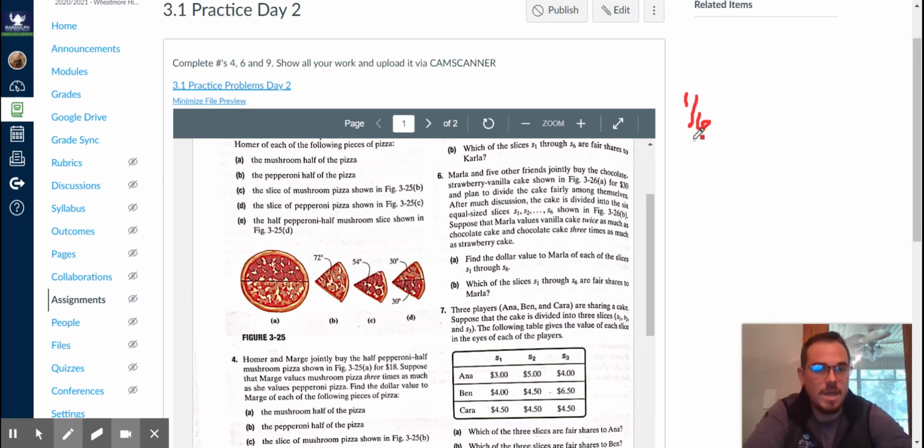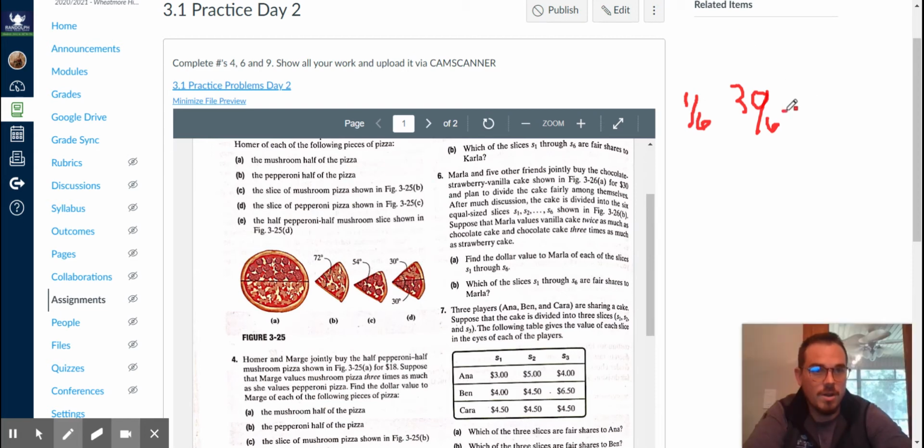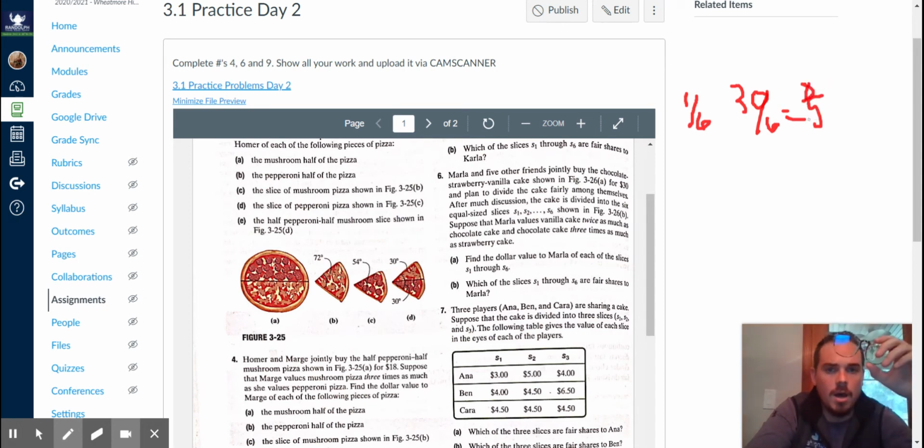Now it's $30, so they already spent that. If you wanted to know how much each of them spent, it would be 30 divided by 6, which is $5. They haven't asked us that yet, I just wanted to get that out of the way. They planned to divide it fairly among themselves after much discussion.